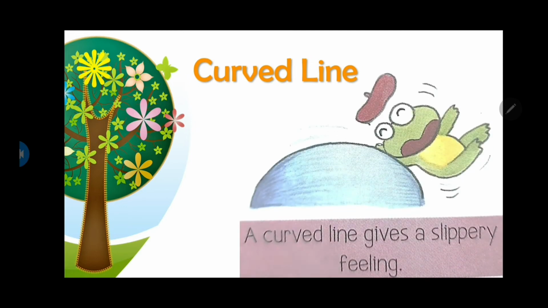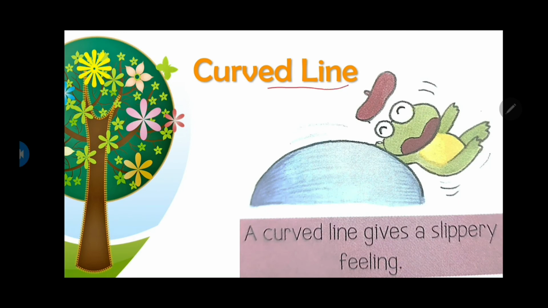Next, we have the word curved line. So this kind of line looks like this. Everyone underline curved line. Curved line gives a slippery feeling. Why is it slippery? All right, take a look at this line over here.